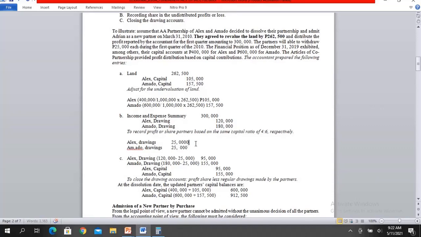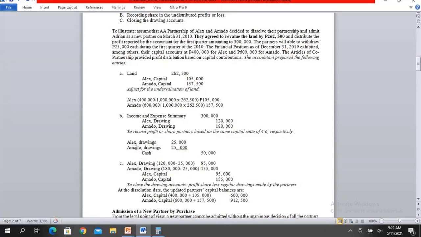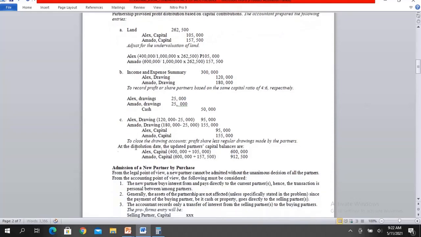Tapos, nabawas na sa cash natin ang 50,000. Ayan. So, ito yung pag inentryhan natin yung withdrawal nila Alex at ni Amado nung first quarter ng 2010, ito yung magiging looks niya.